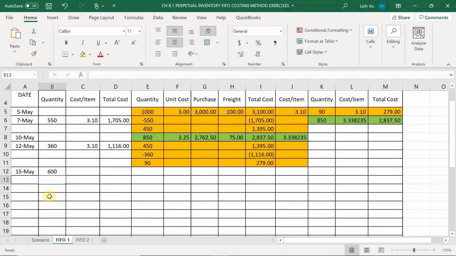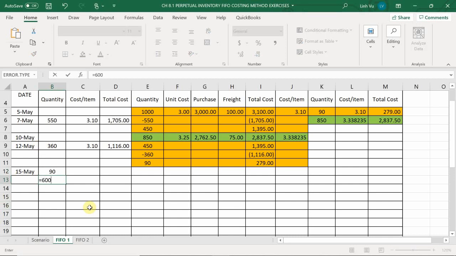Now let's take a look at our inventory on hand. Which batch are we going to start from first? Which batch are we going to eliminate first? The orange, which only has 90, okay?